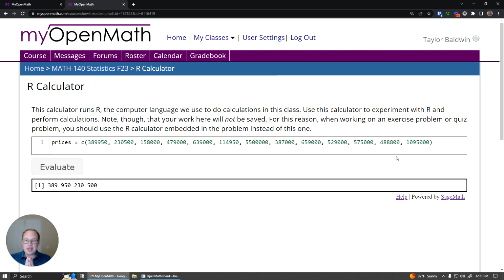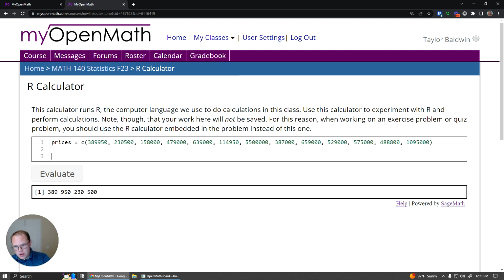Now this is a list that the calculator will like. So now that we have that, we can finally calculate the median using the computer. We'll use the quantile function. We'll tell it what list of data we're interested in, and we want the median, so that means we want the 50th percentile. So probs equals 0.50.